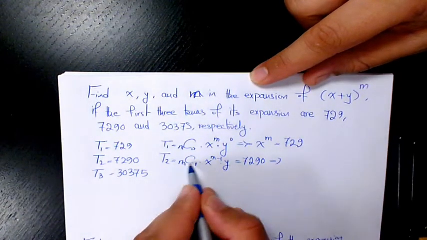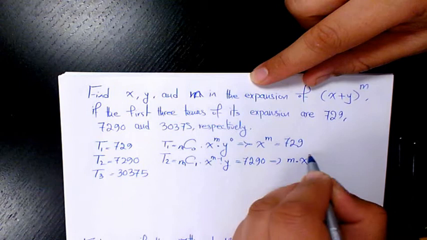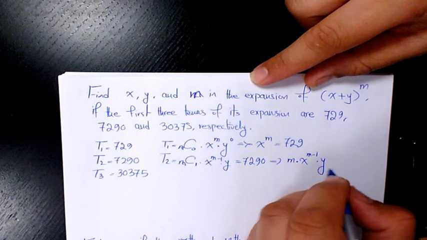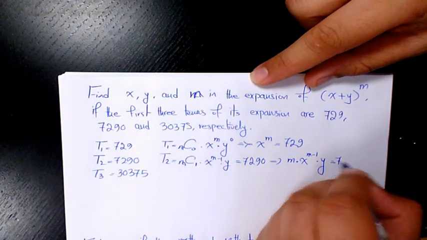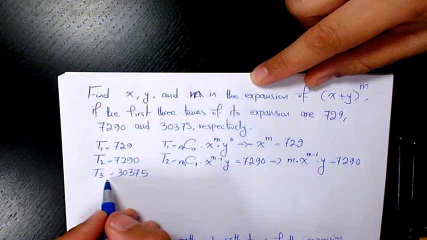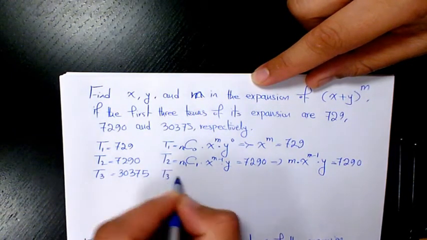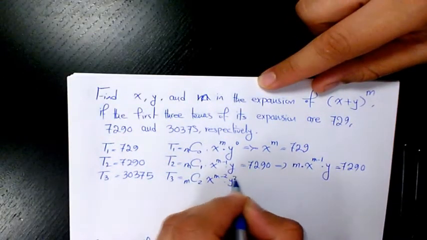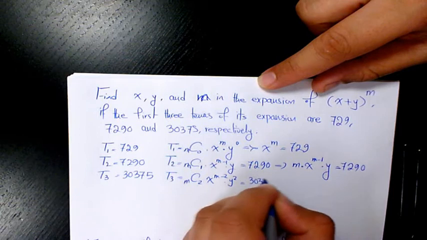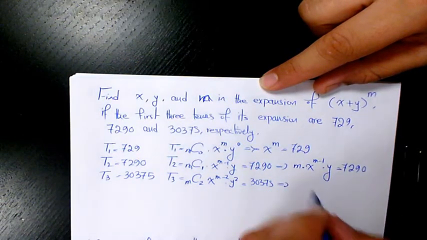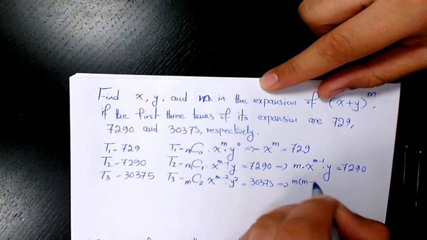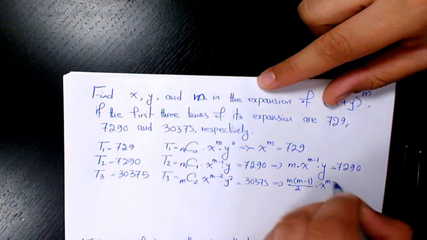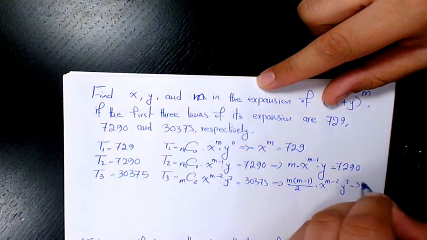So mC1 is m, giving m x to the power of m minus 1 times y equals 7290. T3 is mC2 x to the power of m minus 2 times y squared equals 30375. Therefore, that's m times (m minus 1) divided by 2 times x to the power of m minus 2 y squared equals 30375.